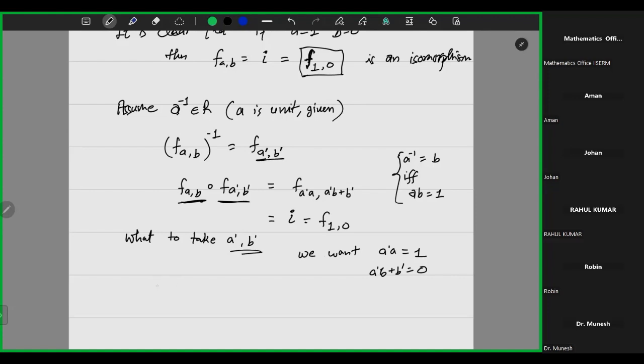So take a' equal to a inverse, then you see it becomes 1. What about b'? For b', you take minus a inverse b from the second equation.